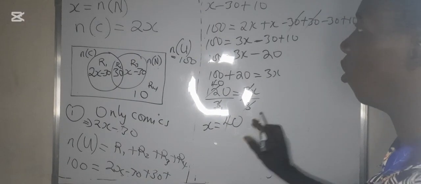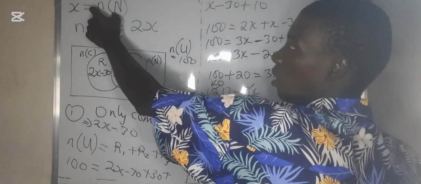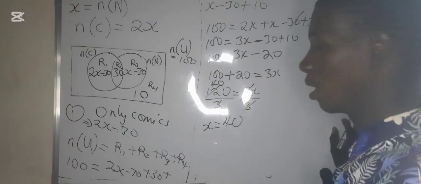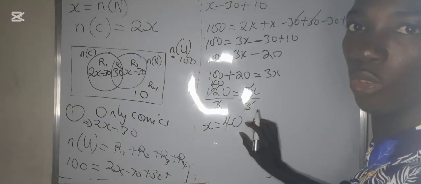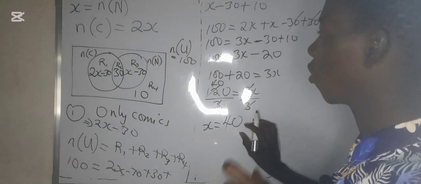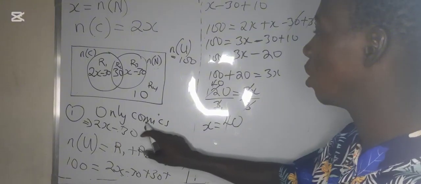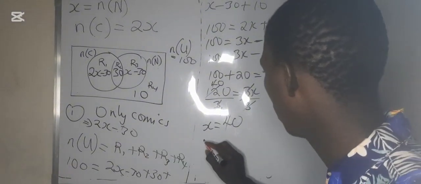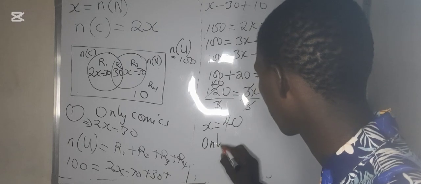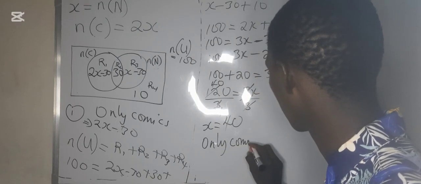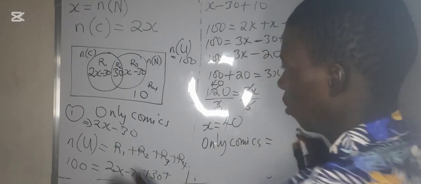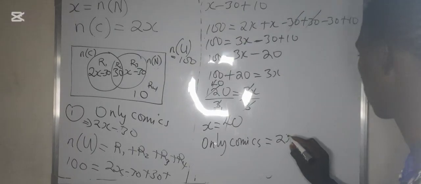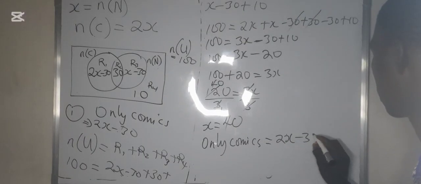So the number of students who read novels is 40. Now to find how many students read only comics, we say only comics is equal to 2x minus 30.